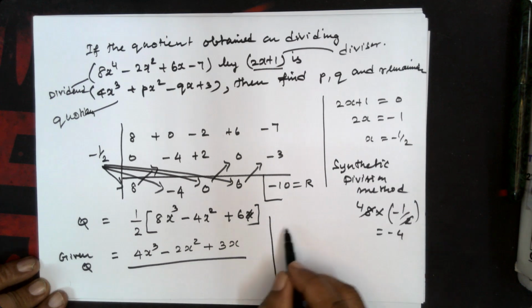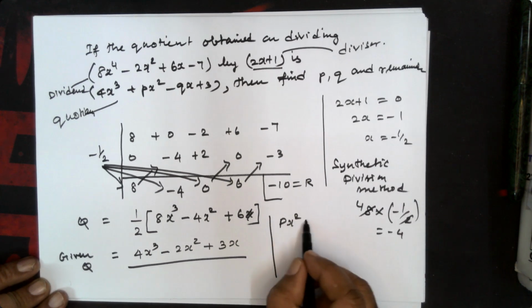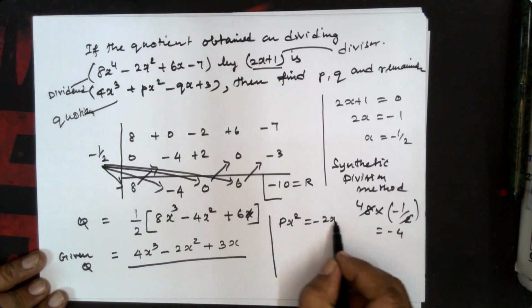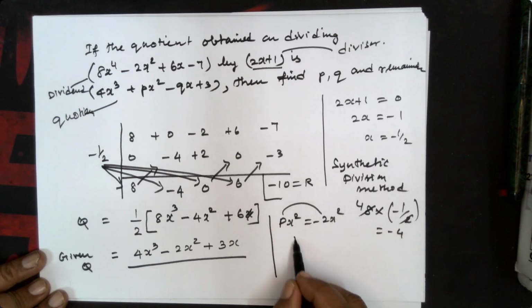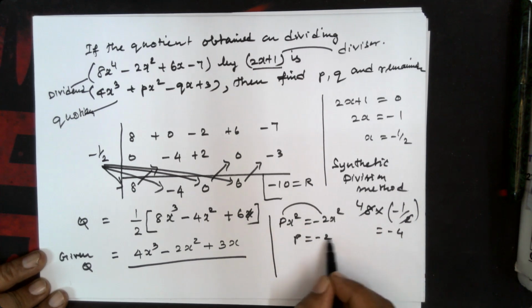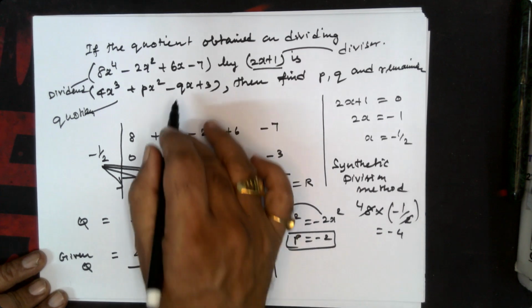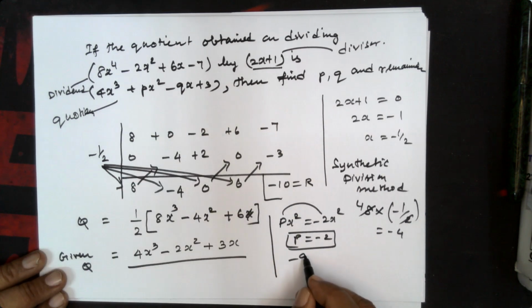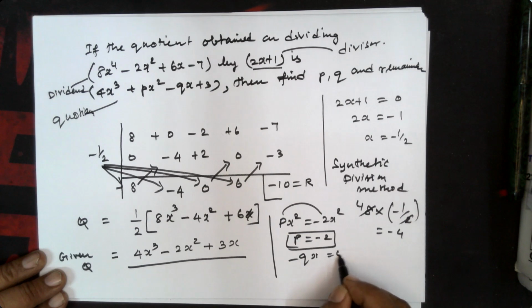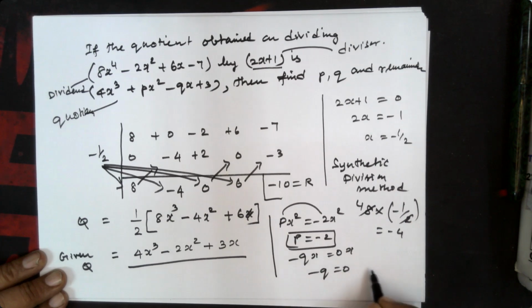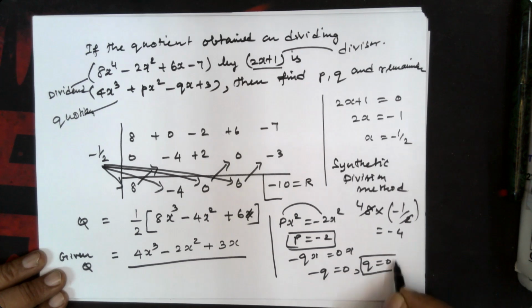When you compare, px squared is equal to minus 2x squared, means p is equal to minus 2. Clear? And there is no x, so qx is 0x, so q is equal to 0. This is the second answer.